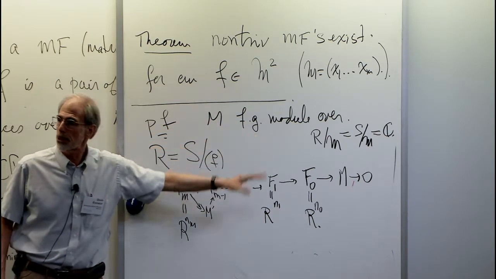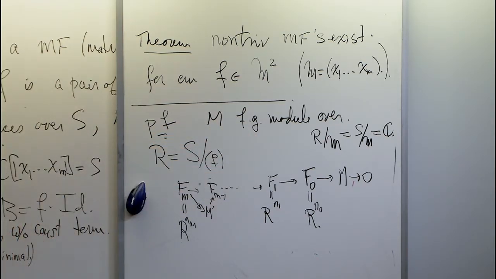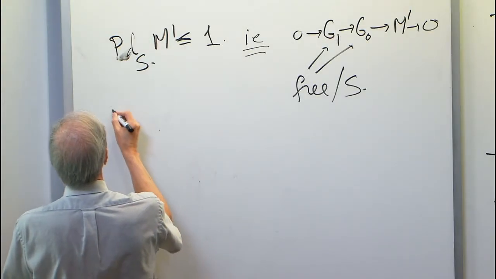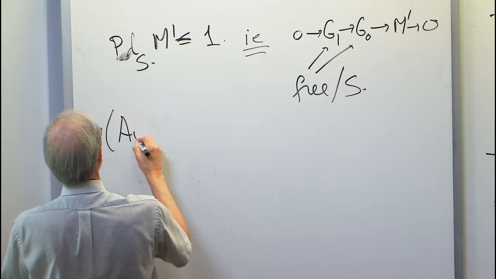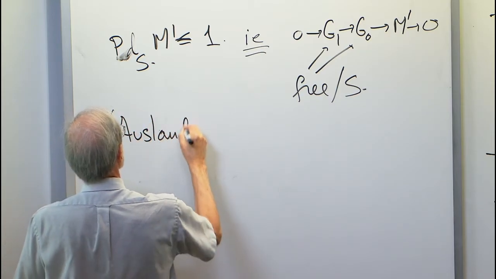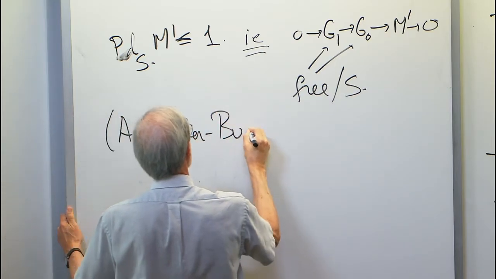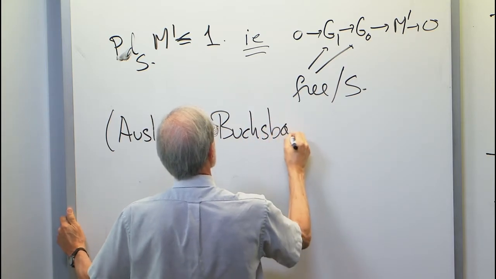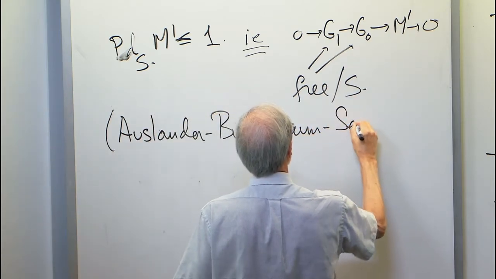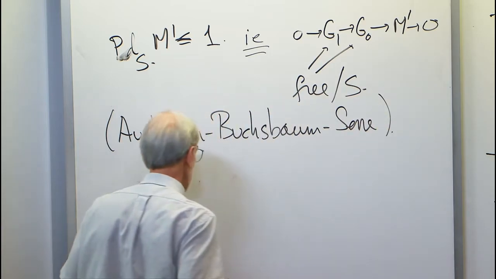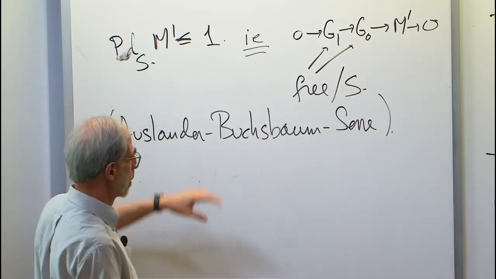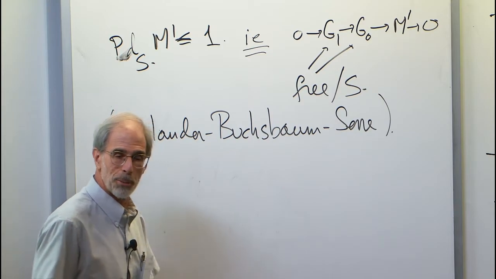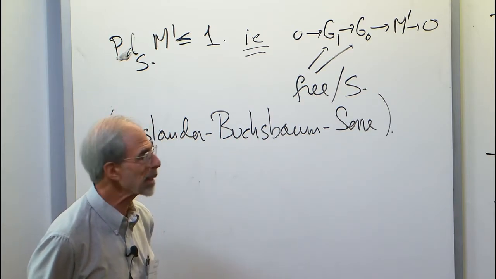That's what Auslander-Buchsbaum-Serre tells us. So this is a relatively big theorem, but I'm going to assume it. That's a theorem that stands at the beginning of homological algebra and commutative algebra reading.